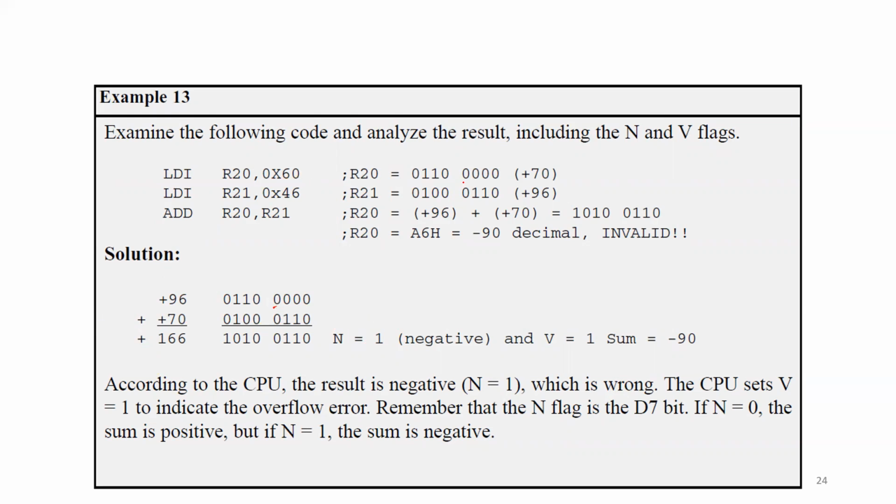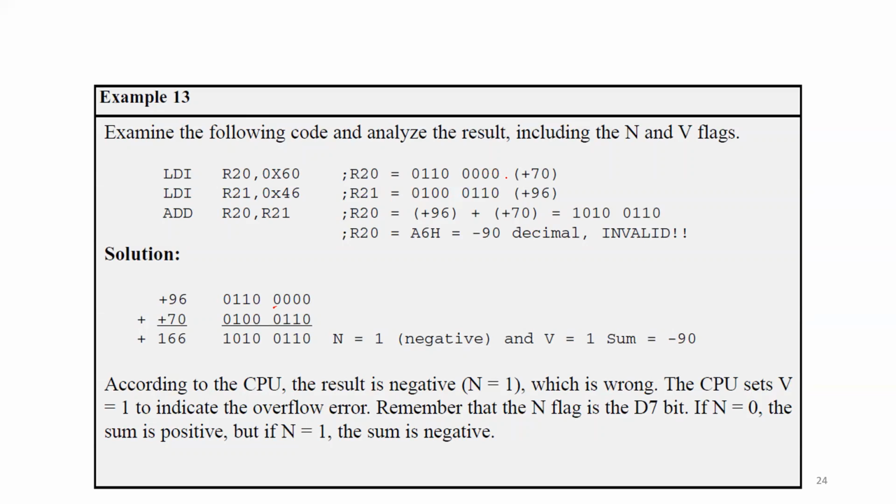hexadecimal. When you represent 60 hexadecimal, this is 0, and this is 2 plus 4, so this is 6, which in decimal value is 70. When you convert 60 hexadecimal to decimal, it will be 70.